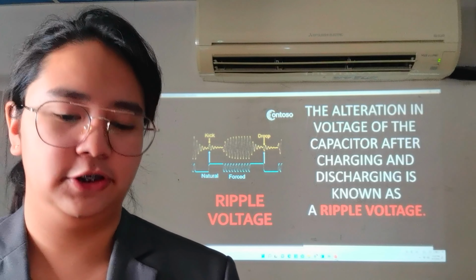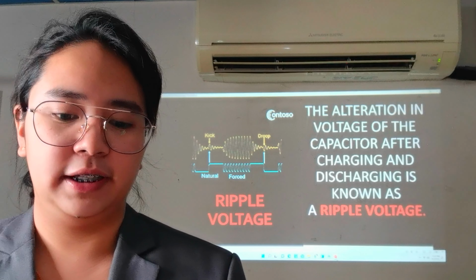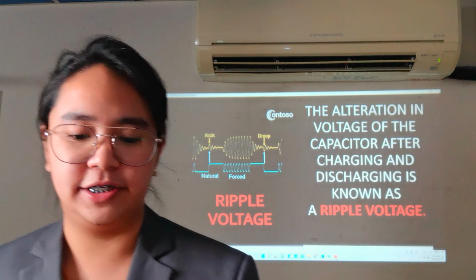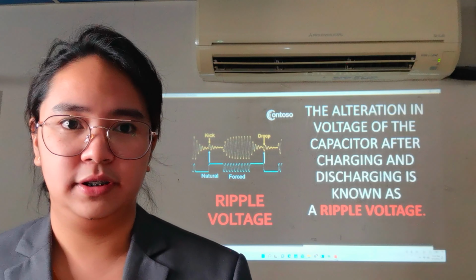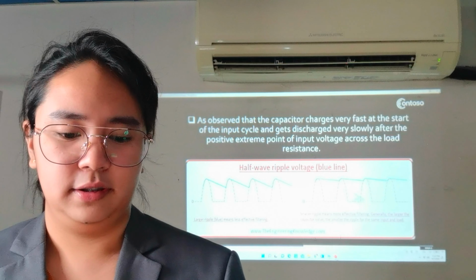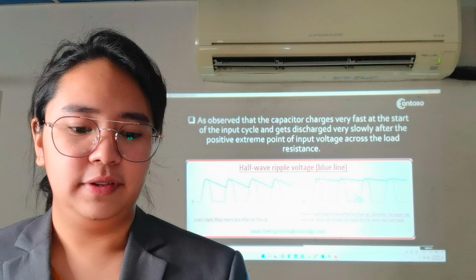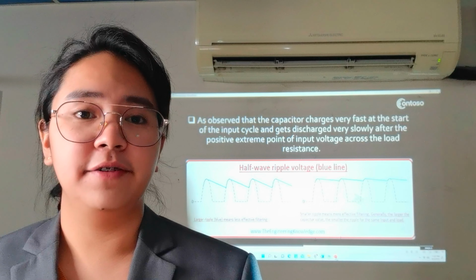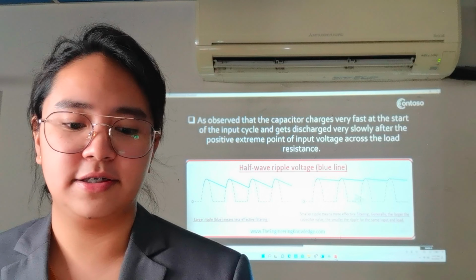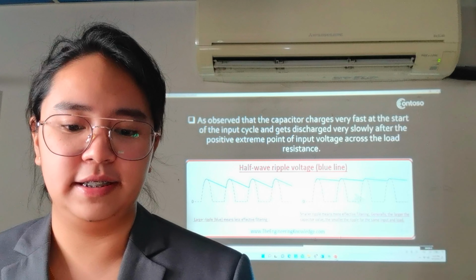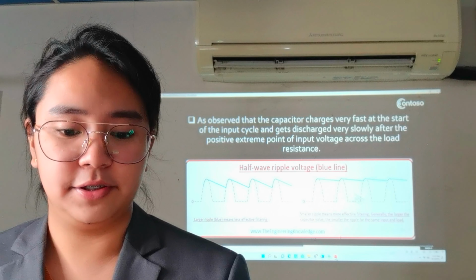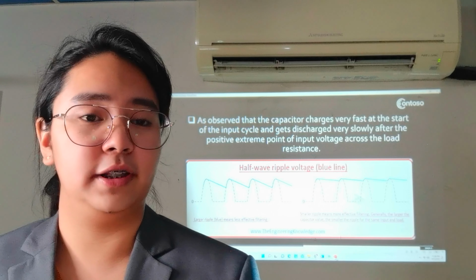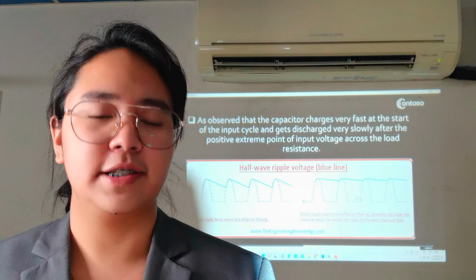Ripple voltage. The alternation in voltage of the capacitor after charging and discharging is known as ripple voltage. As observed, the capacitor charges very fast at the start of the input cycle and discharges very slowly after the positive extreme point of the input voltage across the load resistance.